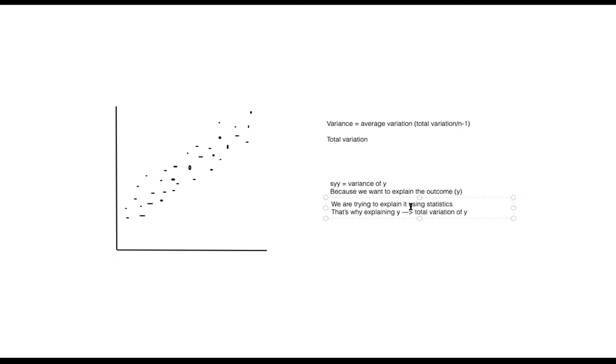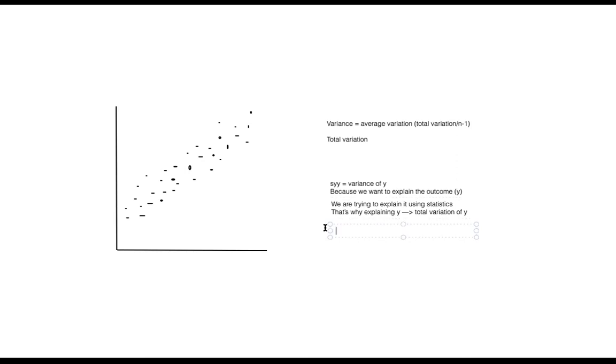So given that your dependent variable varies by a total amount, how much of that variation is your model able to account for? This is our starting point. Given that your y variable varies by some total variation, how much of that variation is your model?